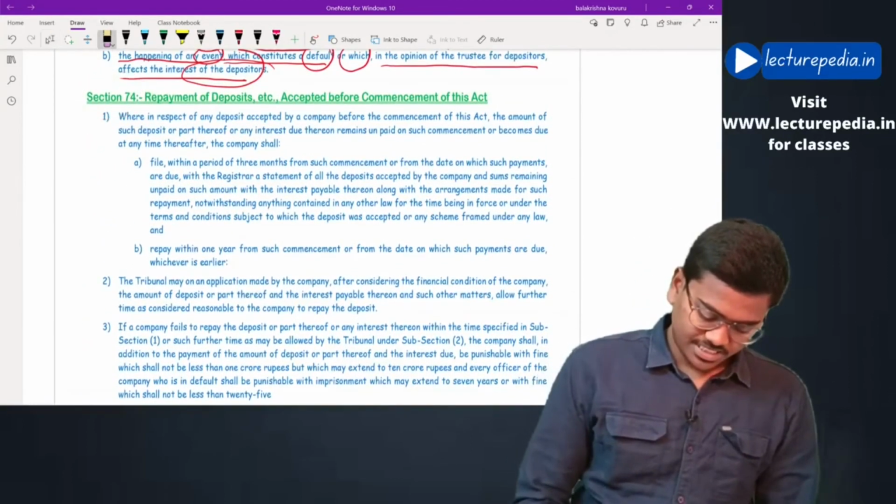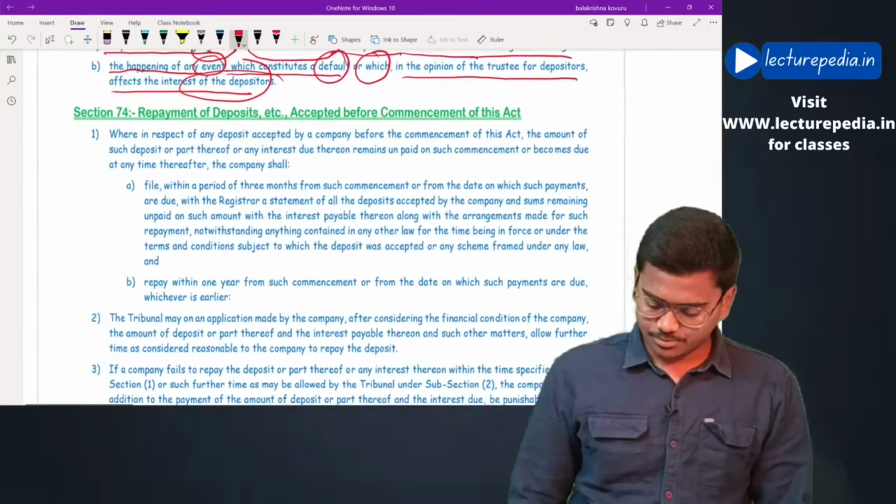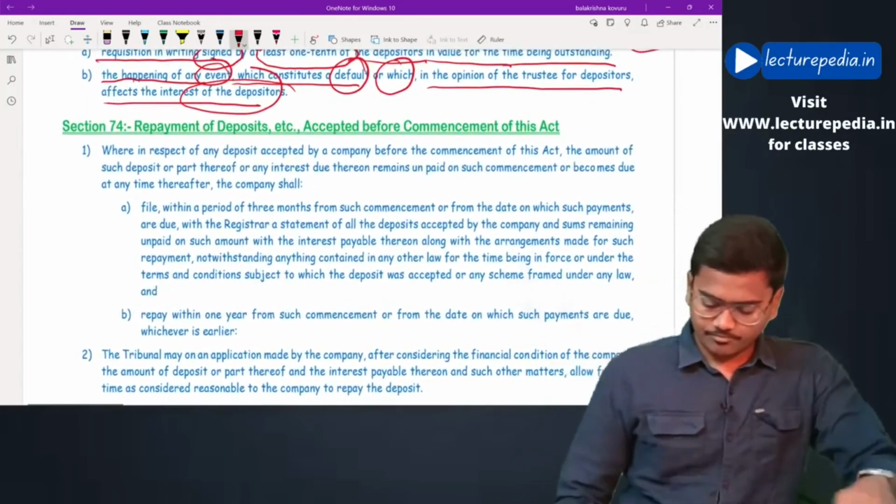Section 74, a very simple section and not so important.